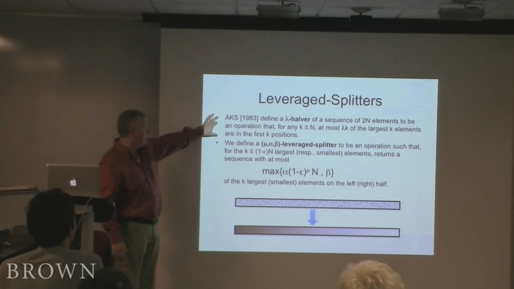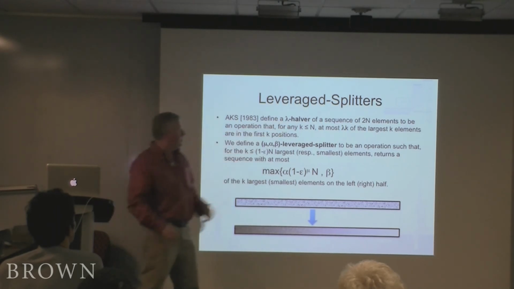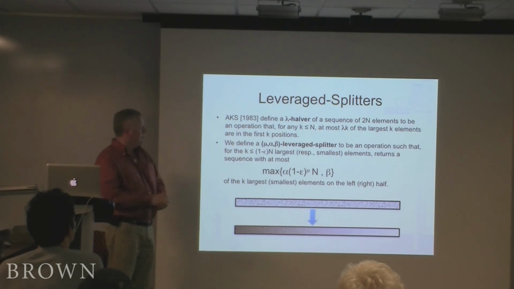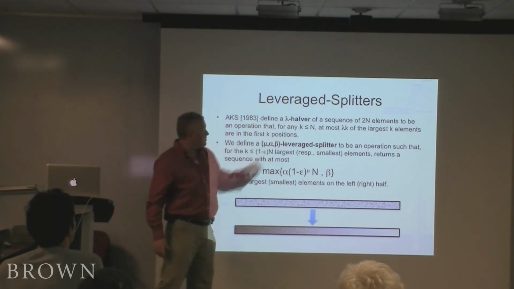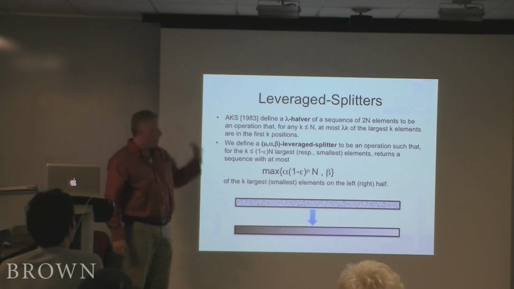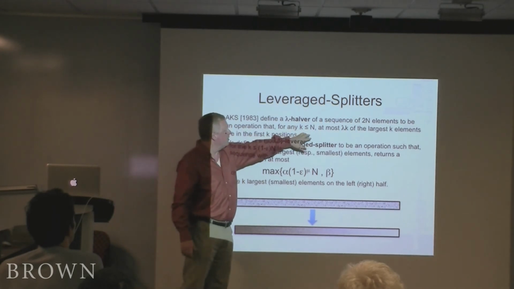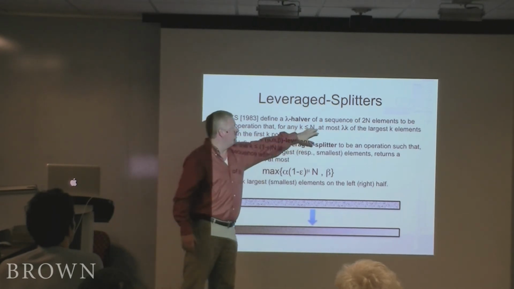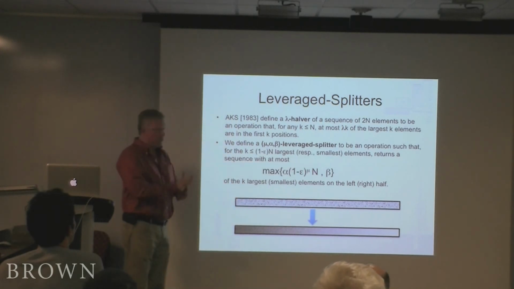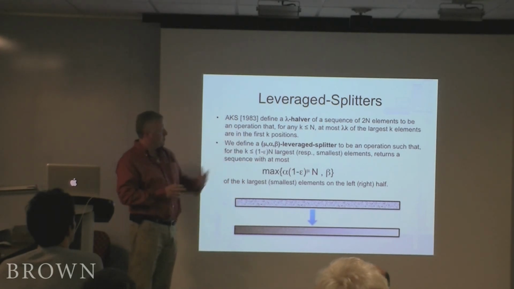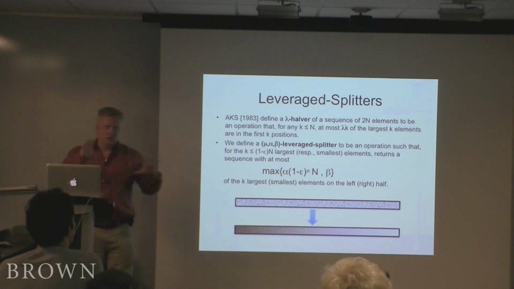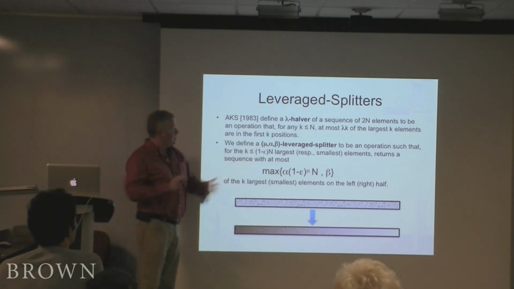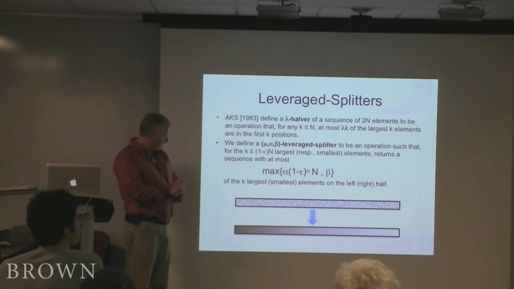In constructing their sorting network, AKS used a concept they called a lambda halver. A lambda halver takes a sequence of 2n elements and, for any k, results in a sequence that has at most lambda k of the largest k elements in the first k positions. It's a way of getting an approximate separation of large and small elements.